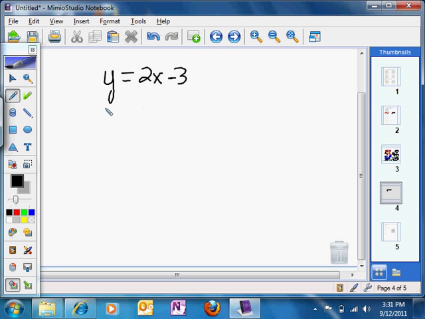So I'm working with this in slope-intercept form, and I want to now write this in the form of Ax plus By equals C. And you have two rules basically. Number one, the A cannot be negative.